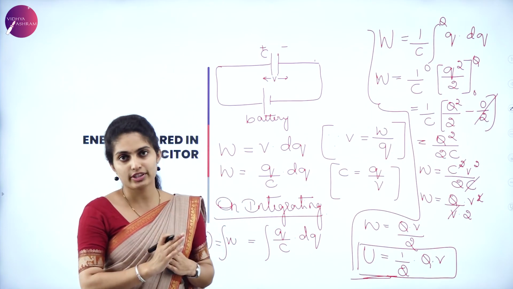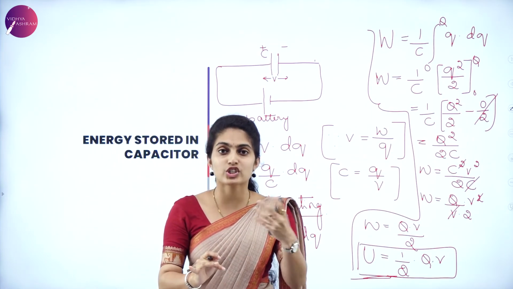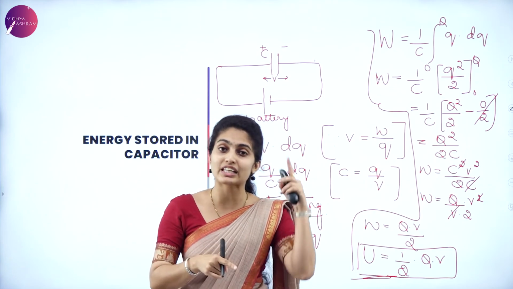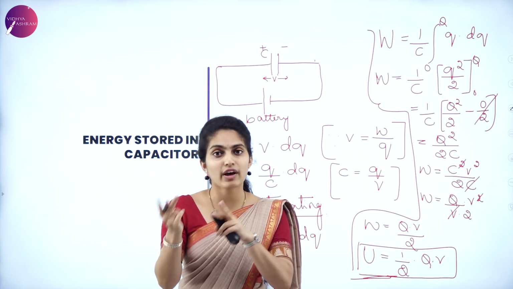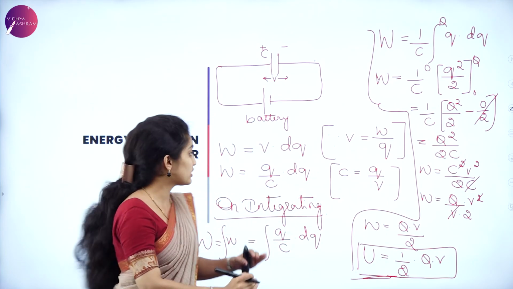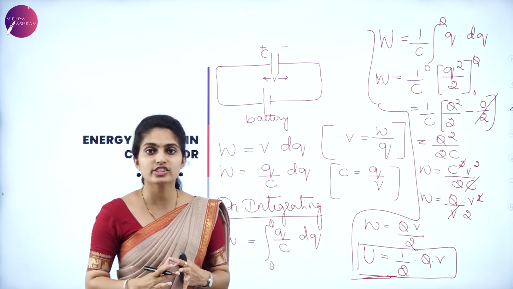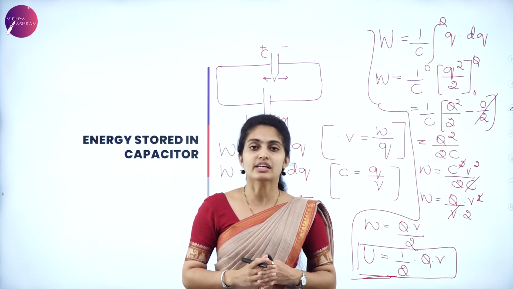You also have to know the limits of the work done during charging: from 0 to Q, because initially it is uncharged and finally we charge it to Q. That is why you take the interval from 0 to Q. This is the concept of energy stored in the capacitor.